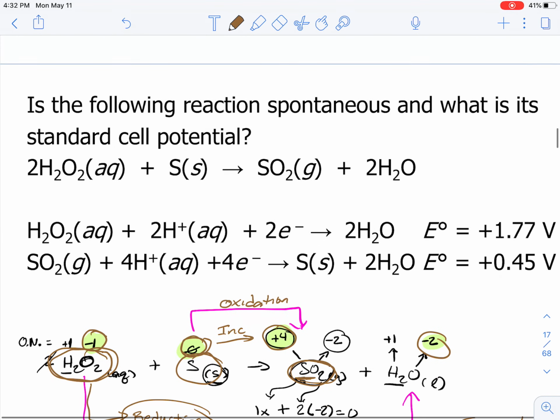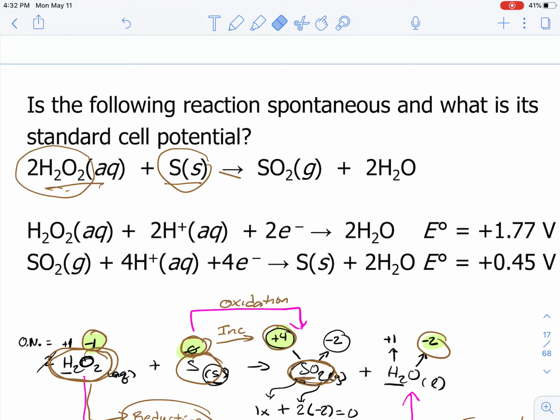And so that means the reaction of hydrogen peroxide and this solid sulfur will be spontaneous in the forward direction.